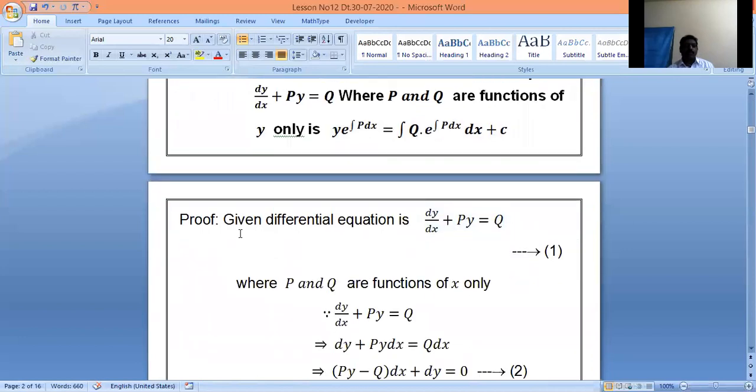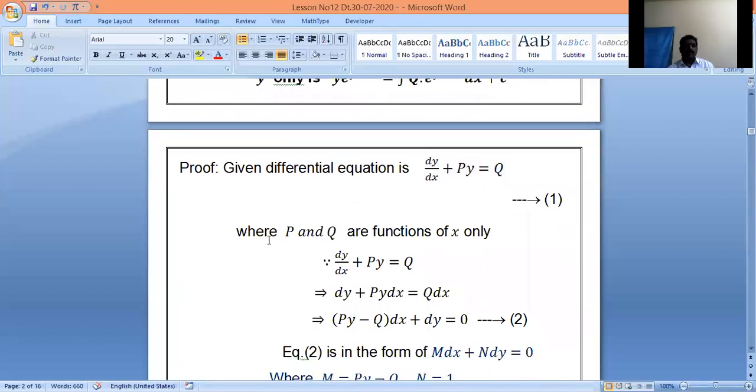Proof. Given differential equation is dy by dx plus py is equal to q, let this equation be 1, where p and q are functions of x only.